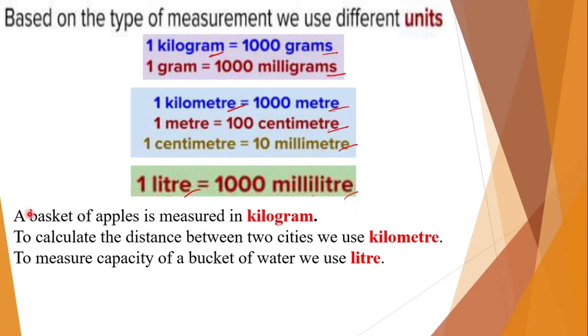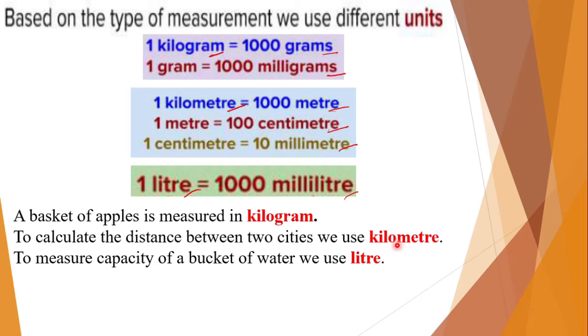So, a basket of apples is measured in kilograms. To measure a basket of apples or oranges, or fruits and vegetables, we will use kilograms. And to calculate the distance between two cities or two homes or two places, we use kilometers.